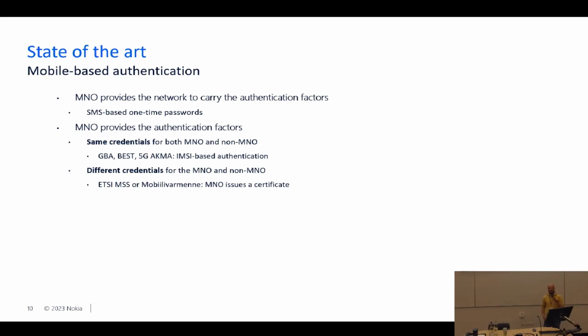And then we have two subfamilies within that family, the one that uses the same credentials for both MNO and non-MNO, and solutions that rely on different credentials, such as, for example, the MSS or Mobiilivarmenne that we have in Finland.